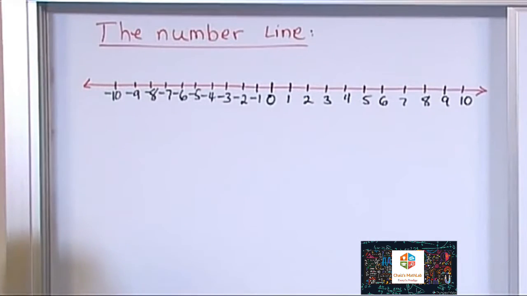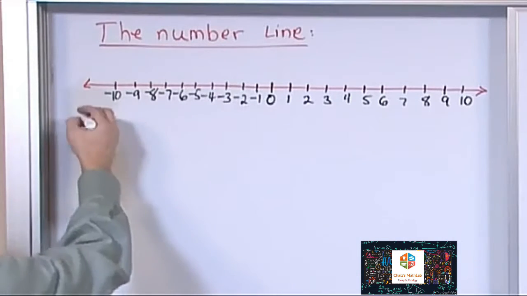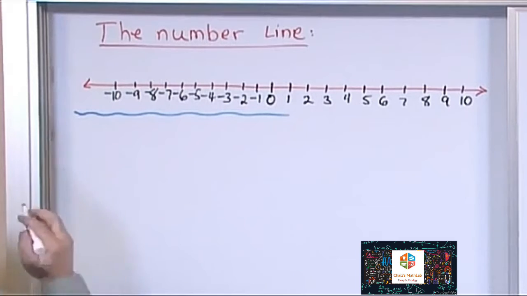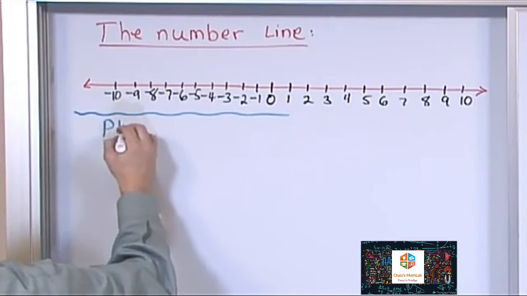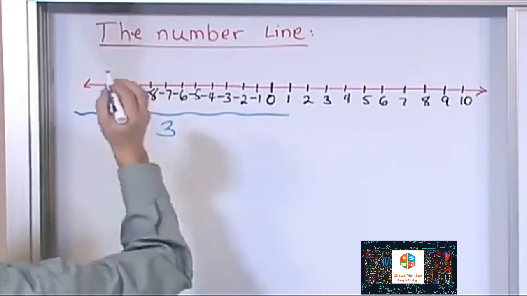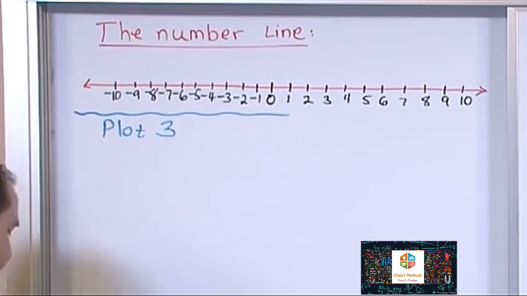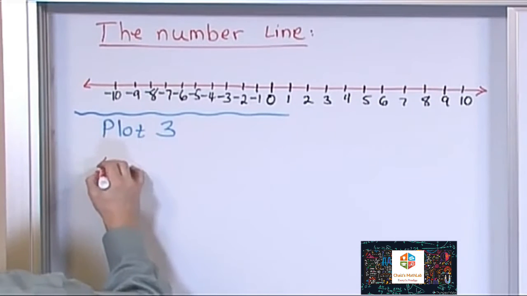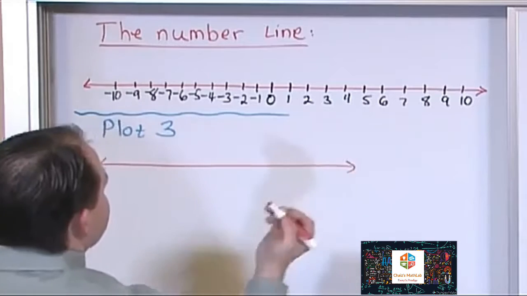Okay? So this is just a general number line. I'm just showing you what one is, uncluttered. If I wanted to plot the number 3 on the number line, it would be very easy. If your test said plot the number 3 on a number line, that would be easy.